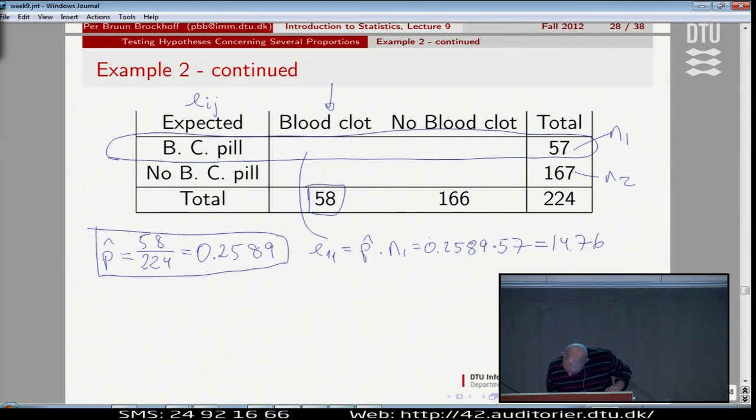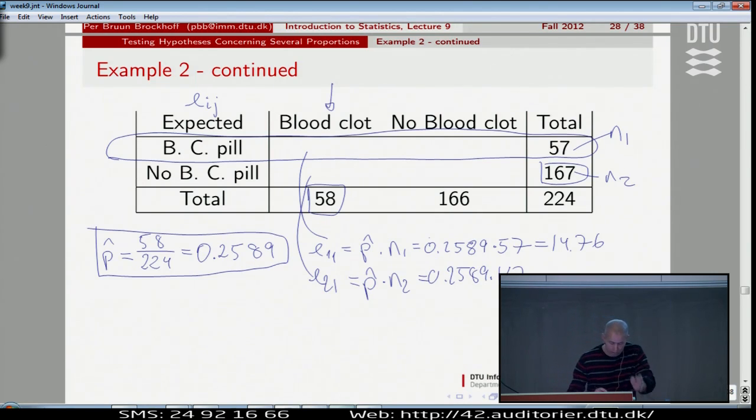If I chose the right one here. I think I did. And then I continue. This one would then be E21. I would take the same proportion now applying to the other group. I should see the same proportion in the other group if the data should match the hypothesis, right?